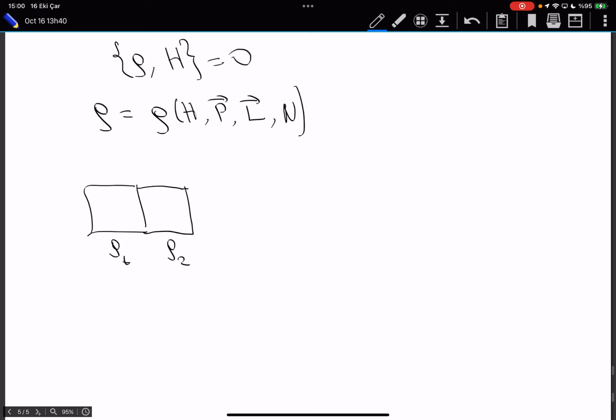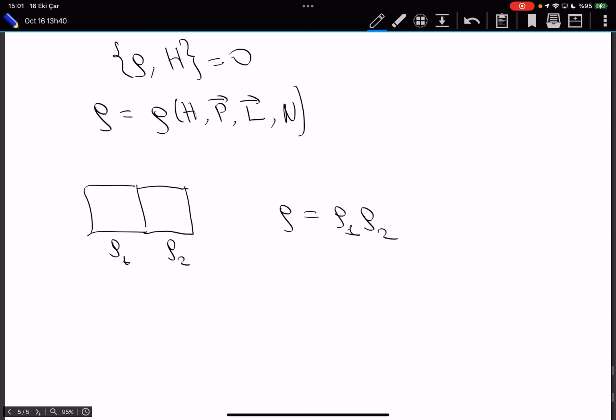Any guesses? Weighted average. Not really. If you can also treat these densities as kind of probabilities, rho will be just rho 1 times rho 2. Just the product. If you also imagine, let's say that you are creating an ensemble.